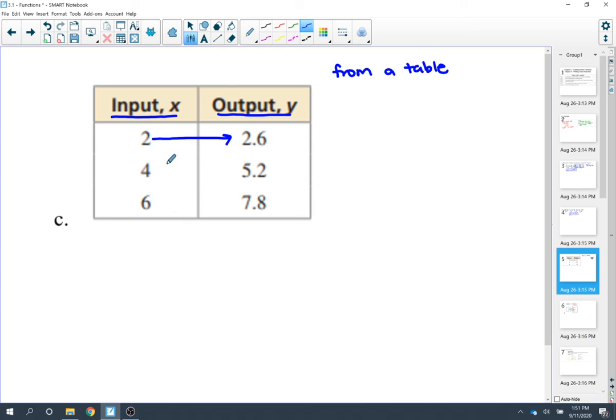Yes, it is. And there's no other 2 over here that would be paired up with somebody else, so far so good. 4 is being paired up with an output of 5.2, and I don't see any other inputs of 4. So it has exactly one output value, and the same with 6. 6 is being paired up with 7.8. It's only being paired up with 7.8. So yes, this is a function.